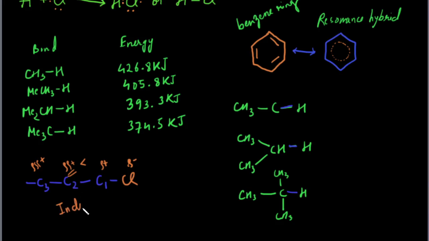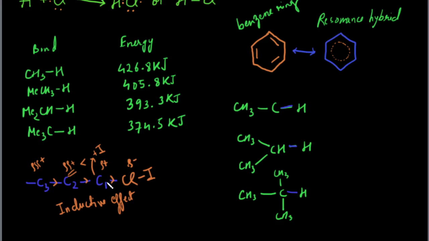The inductive effect, where the electron density is moving towards the chlorine atom. This is showing a minus I effect, that is the inductive effect, and a plus I effect on the C1 with respect to chlorine.